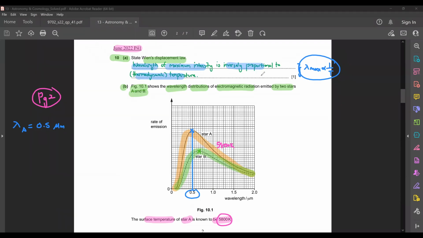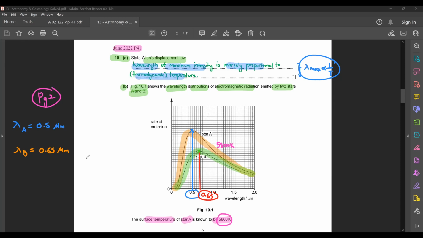We are interested in the wavelength value. That one should give us roughly 0.65 if you read it very carefully. So the wavelength for star B is going to be 0.65 micrometer. These are the wavelengths at peak intensity.